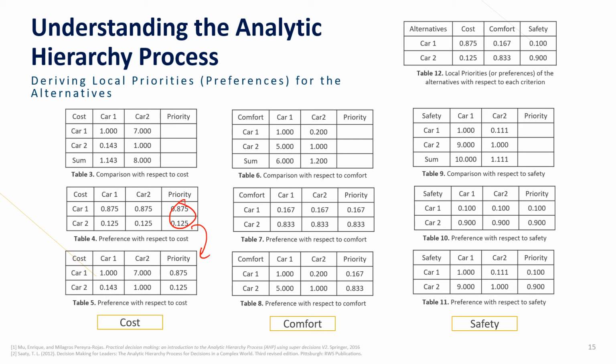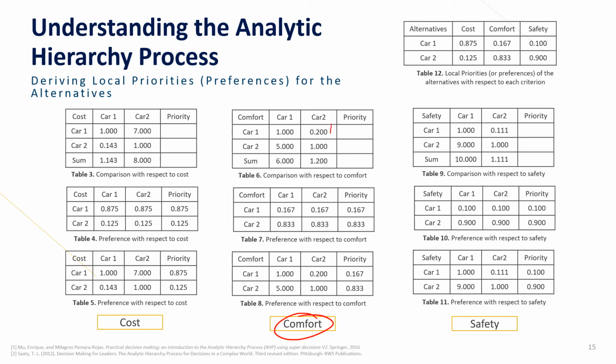So basically you do the same thing for the comfort, for the safety. Let's say for the comfort now. For comfort, you compare car 1 and car 2. Car 2 is more strongly more comfortable than car 1.